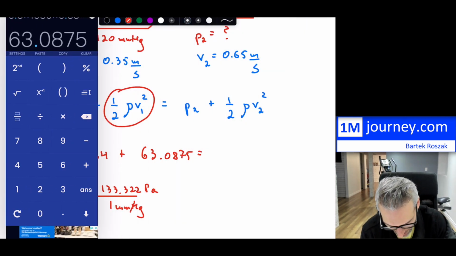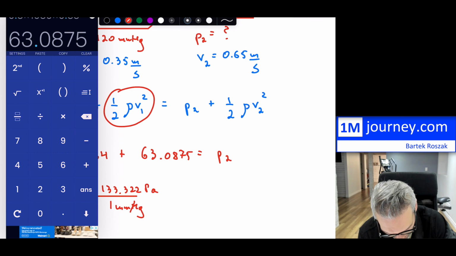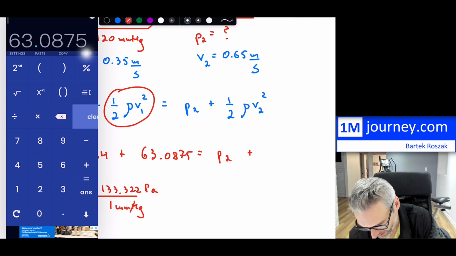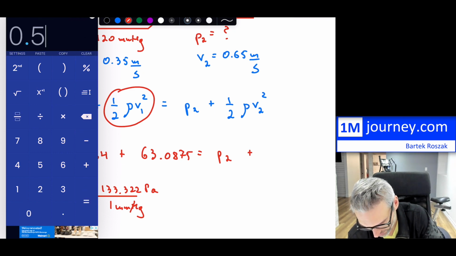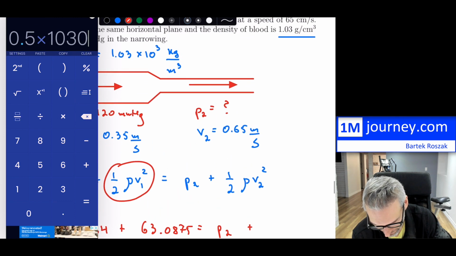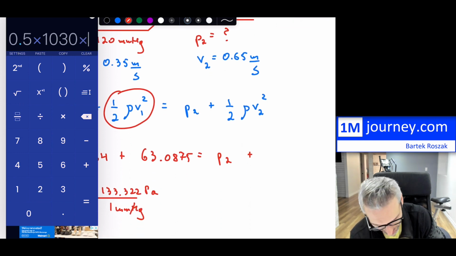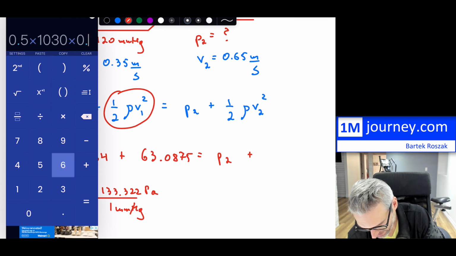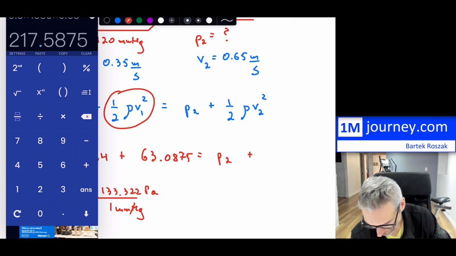And then on the right-hand side, P2 plus that other term, which is 0.5 times the density, 1030, multiplied by its speed, 0.65, squared.